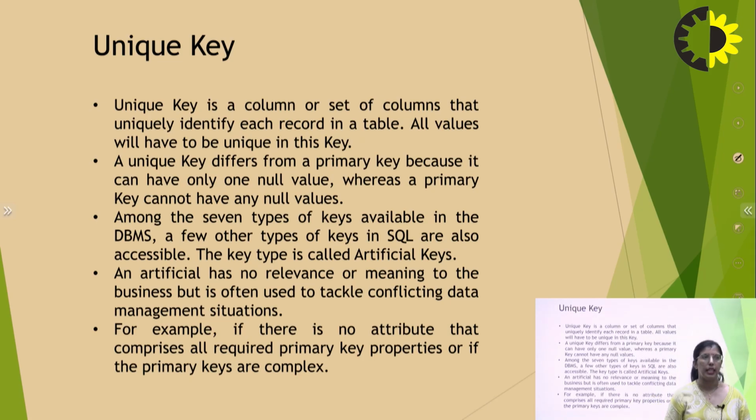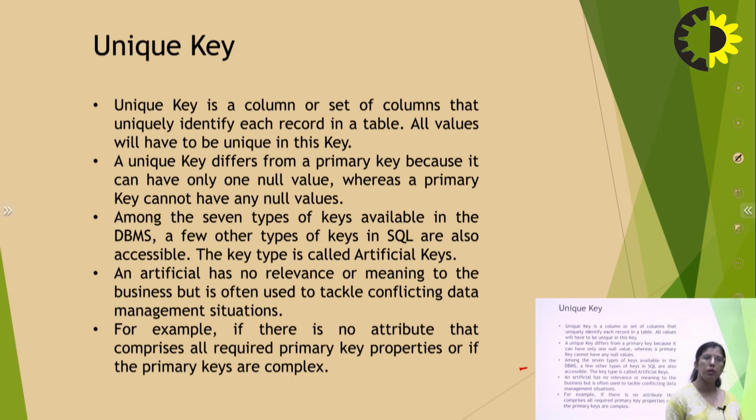Now unique key. Unique key is a column or set of columns that uniquely identify each record in a table. All values will have to be unique in this case. A unique key differs from a primary key because it can have only one null value, whereas a primary key cannot have any null value. Among the 7 types of keys available in the DBMS, a few other types of keys in SQL are also accessible.